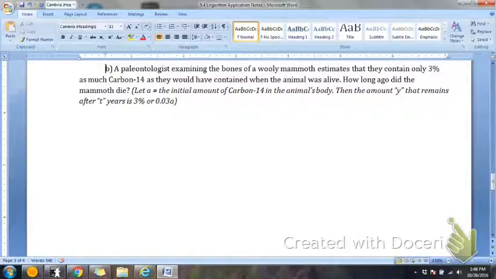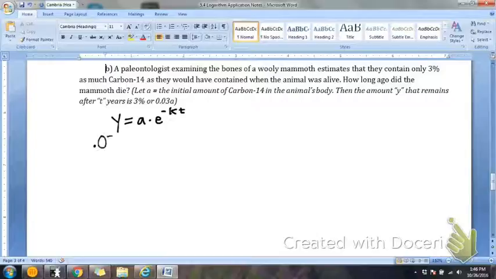So we're going to use our equation. Let's write our equation down, please. Y equals A times e to the negative kt. That negative sign is always there. It's part of the problem. How much of the animal is left, does it say? 3%. Only 3% is left, right? So remember, the amount that's left, we write it as a decimal.